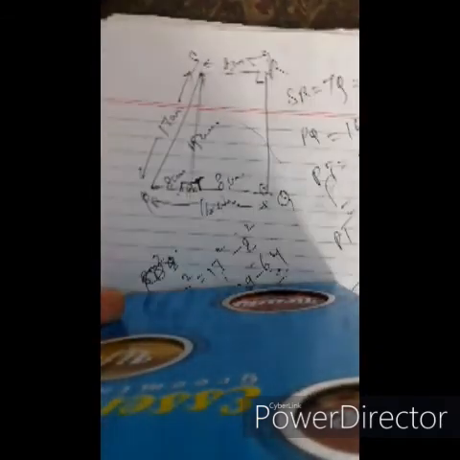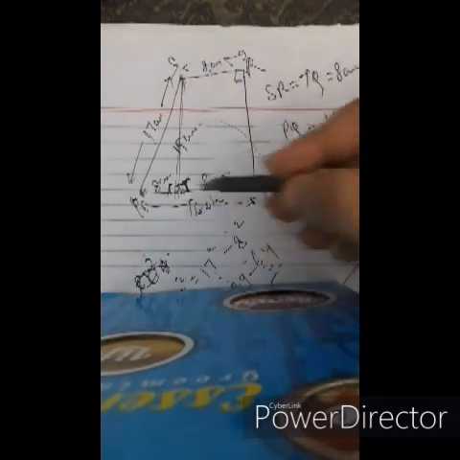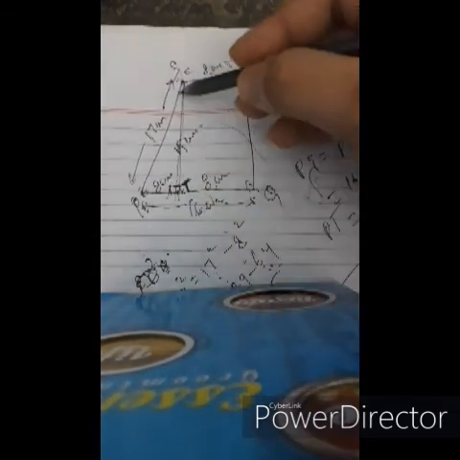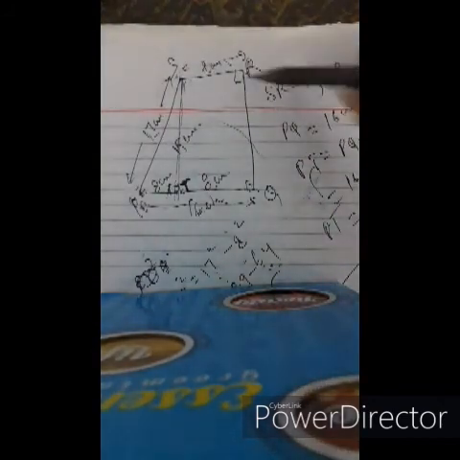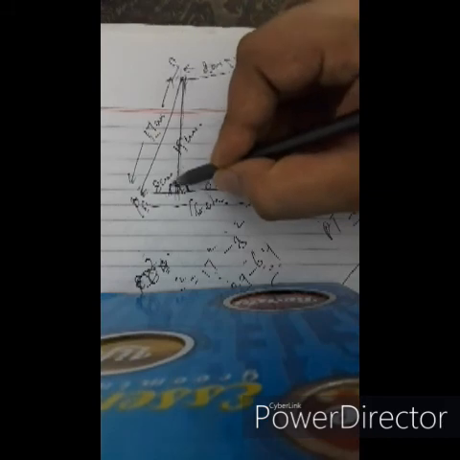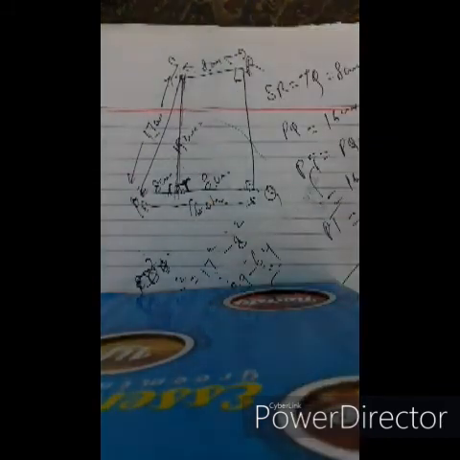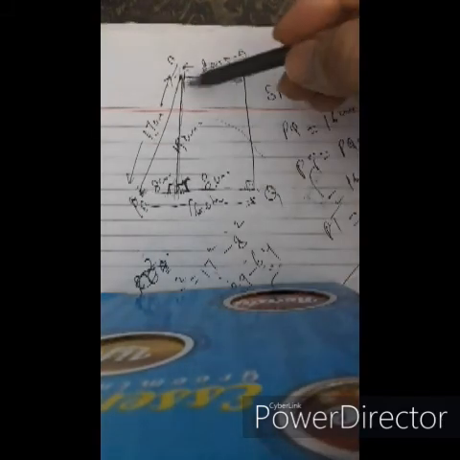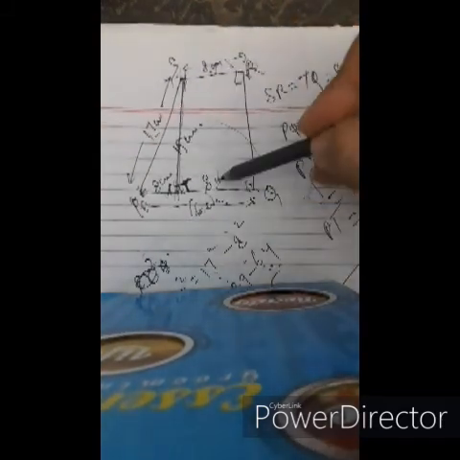180 centimeter square. How we derived it, I'll show you once again. We have PQ as 16 centimeter, SR as 8 centimeter, PS as 17 centimeter. We draw ST perpendicular to PQ. Since SR is 8 centimeter, both SR and TQ are 8 centimeter.